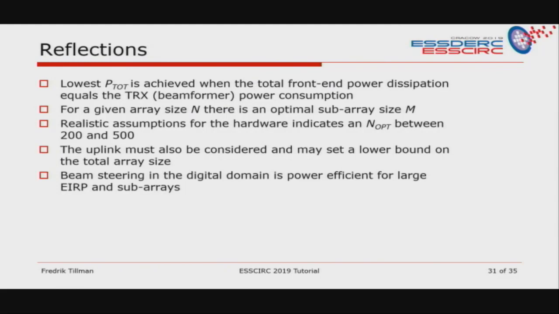We can also see, if you noticed the size of the arrays here, that usually this optimum is in the range of a few hundred elements. Now, that's given this model, of course. If we were to deploy this in reality, there are other constraints we need to look into as well. Where do you have your users? Would you have the same degrees in the vertical domain as in the azimuth domain?